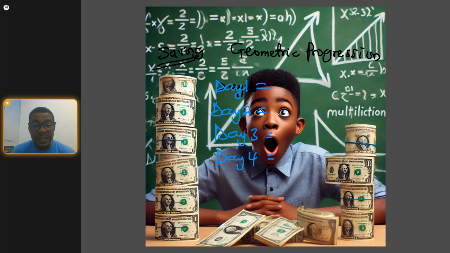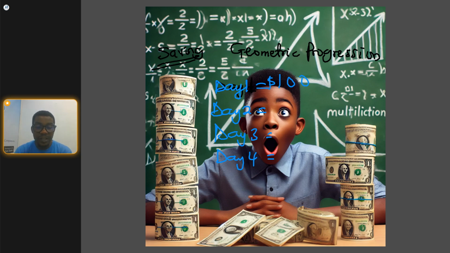Now, if on day one he said, I'm going to save 100 US dollars, then in day two, he said, okay, I'm going to double the money I saved on day one. So he's working with a progression, which is going to be in an orderly manner. He decided to be doubling the money he saved on each day for the next day.